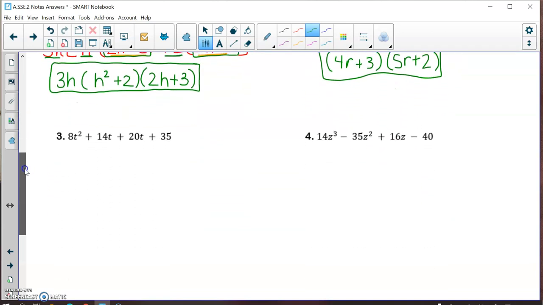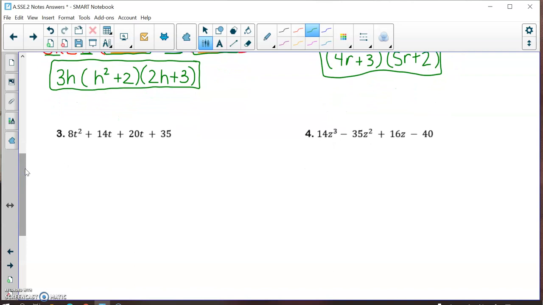All right, looking at number 3, looking at all 4 terms, none of them have a greatest common factor. We're going to jump straight into that grouping. Group the first 2 terms, group the last 2 terms, including the operation. My greatest common factor out of my first 2 terms would be a 2t, and I'd be left with a 4t plus 7.